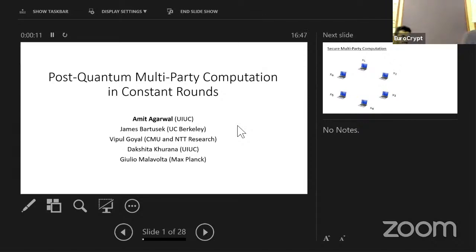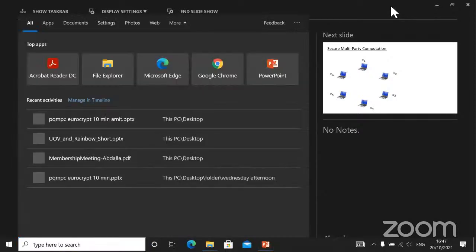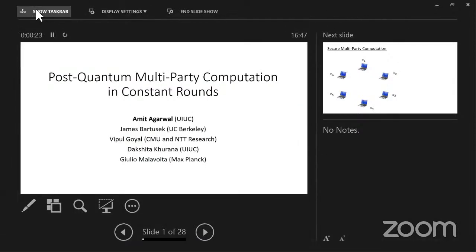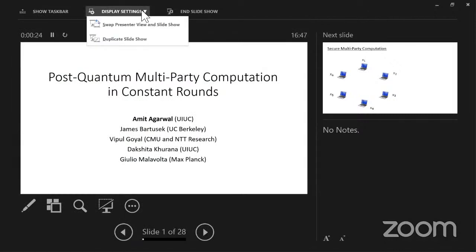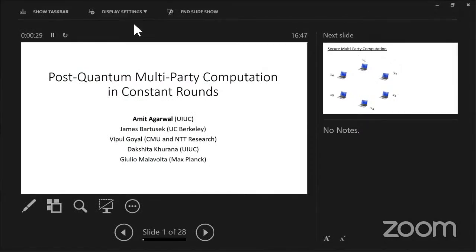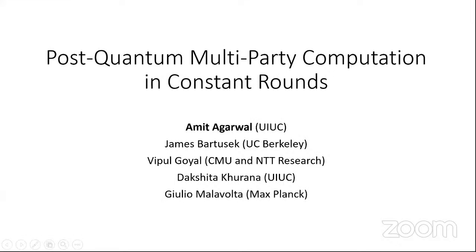You'll actually need to switch around the display settings. So in the upper left, I believe, because we're seeing the presenter mode remotely. Yeah, swap presenter view. Okay. Perfect. Thank you.